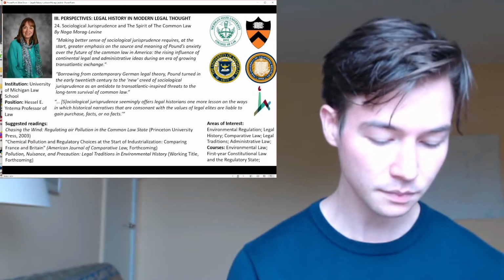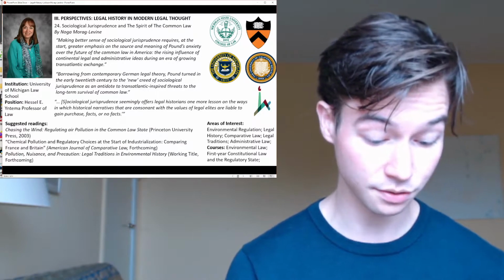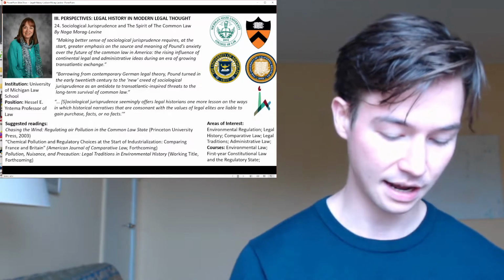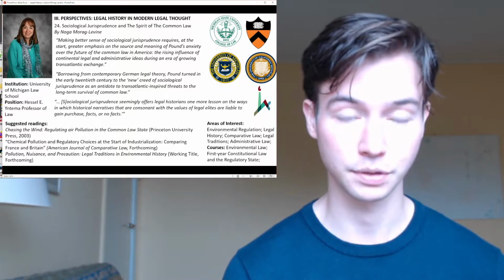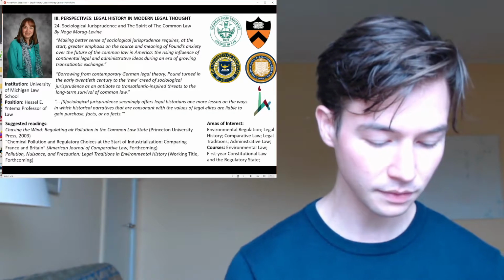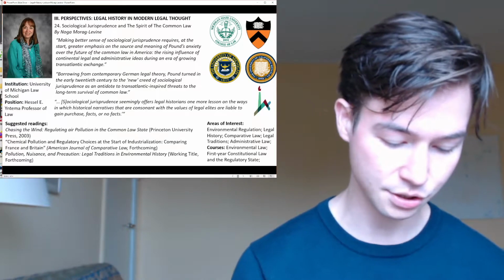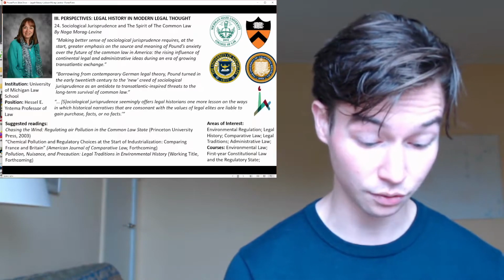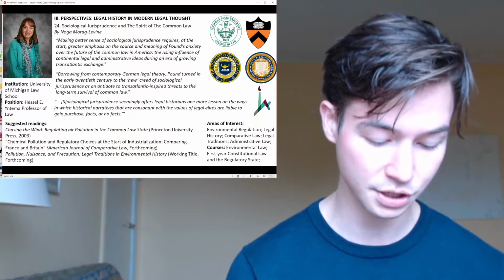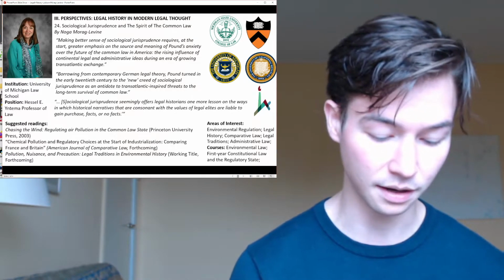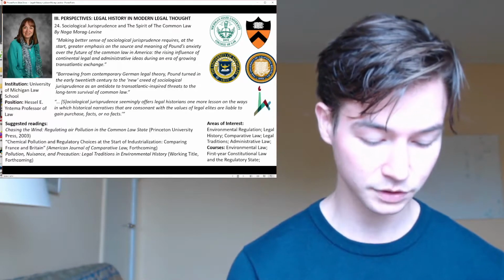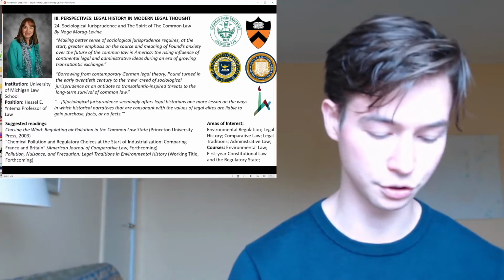Like most of Pound's writings during this period, these two articles manifest tensions and contradictions, such as old versus new. Sociological jurisprudence is credited with three fundamental contributions to legal scholarship and American judicial politics.